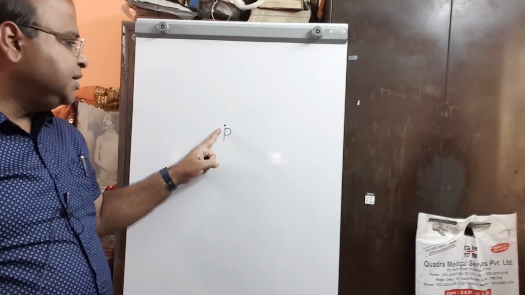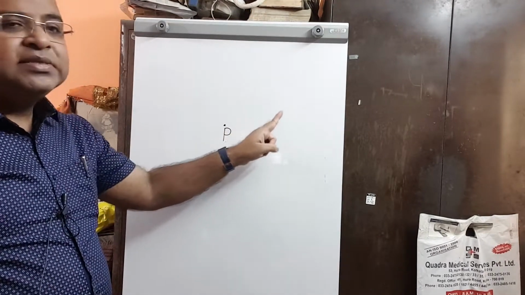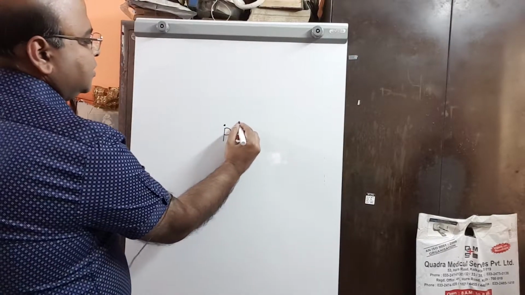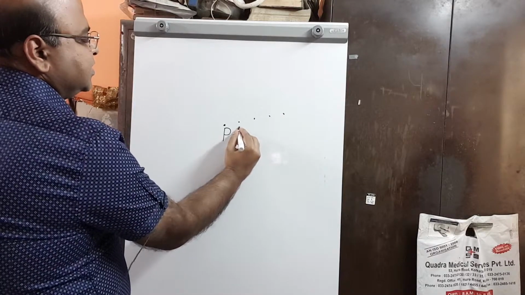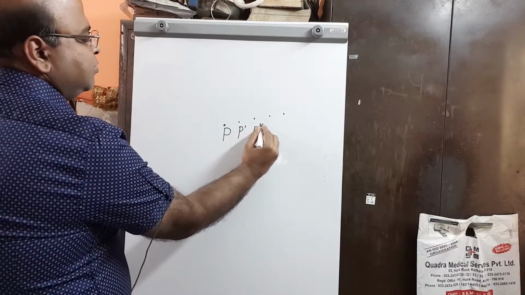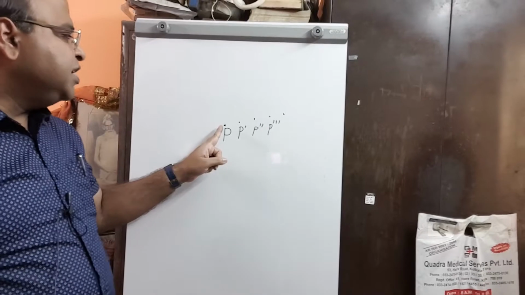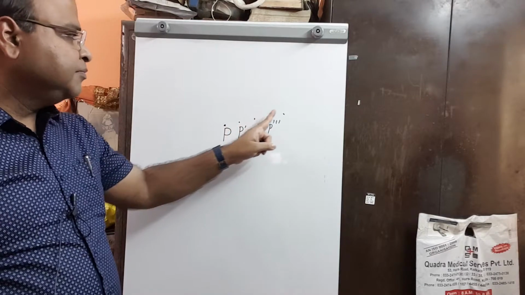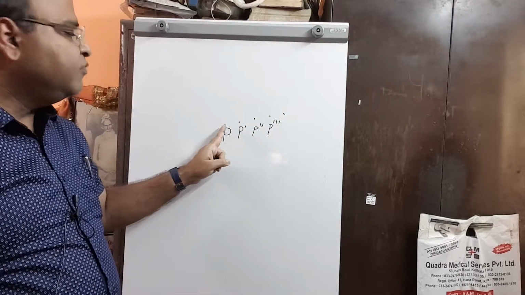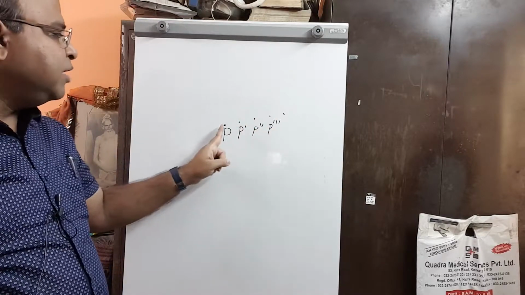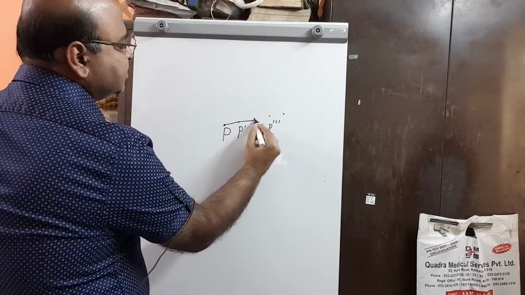Now if the point P changes its position such that its direction always remains the same, these are the successive positions of P: P dashed, P double dashed, P triple dashed, and so on. So the point P moves in such a path that its direction always remains the same. Then the locus of this moving point P, the path along which the point travels, is what we get if I join all these points.